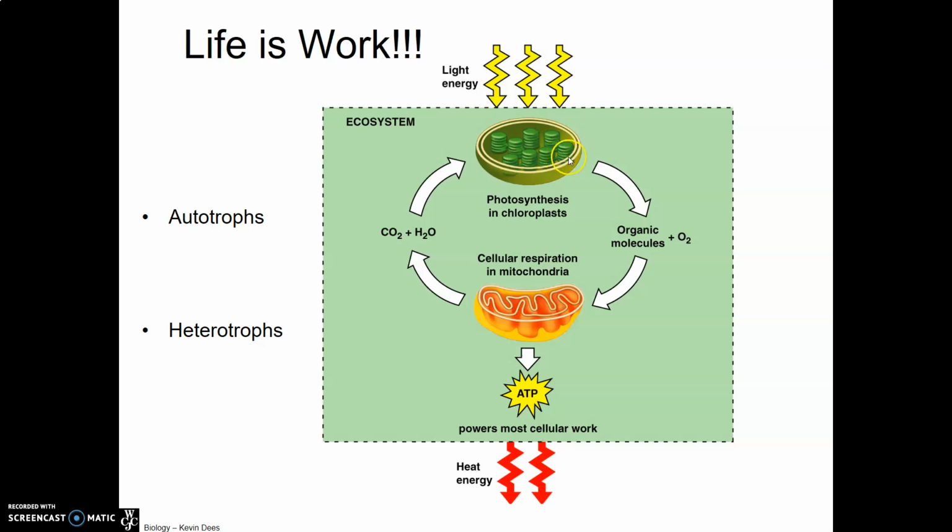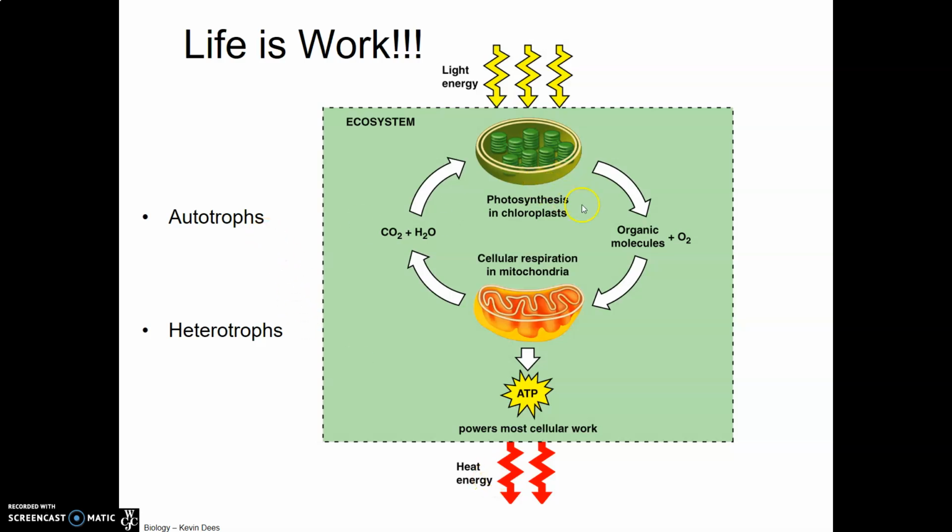And through the process of photosynthesis, this energy transformation from light energy is now stored as potential energy in the bonds of these organic molecules like sugars. And this process also liberates some oxygen. Now, recall that anytime we transfer energy from one form to the other, we're going to be producing some heat.